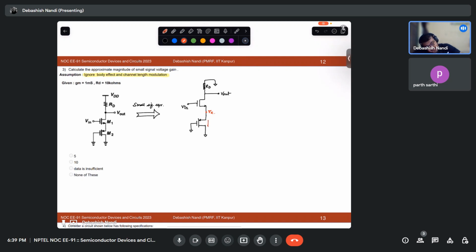What is the current through this? Just make a guess, whatever you have understood so far. If this has a GM and this also has GM as transconductance, what will be the current?